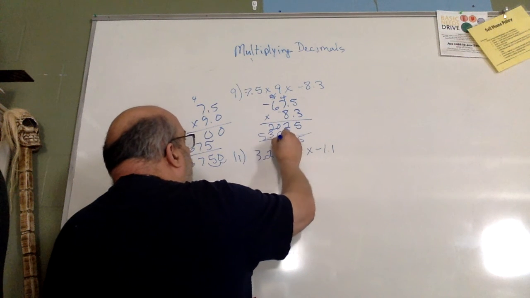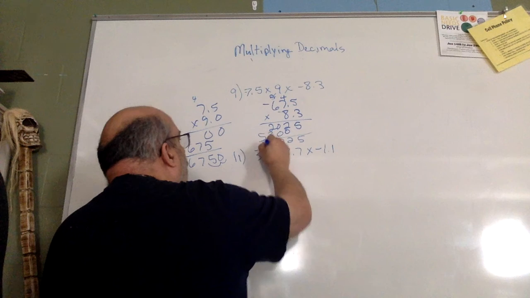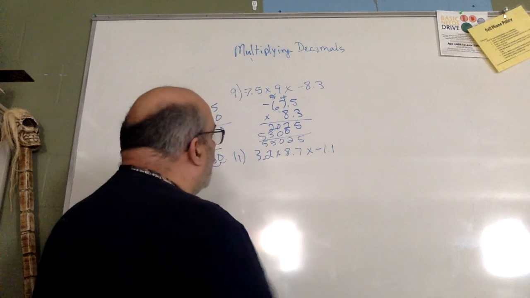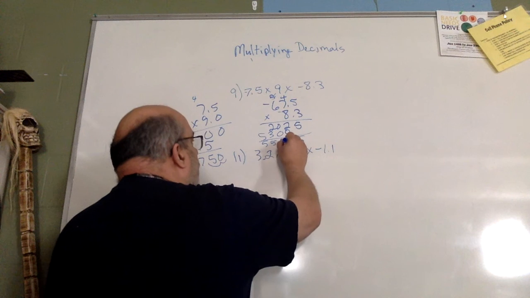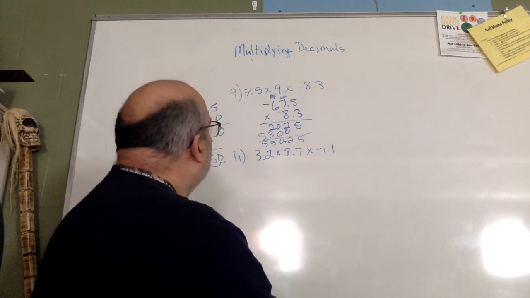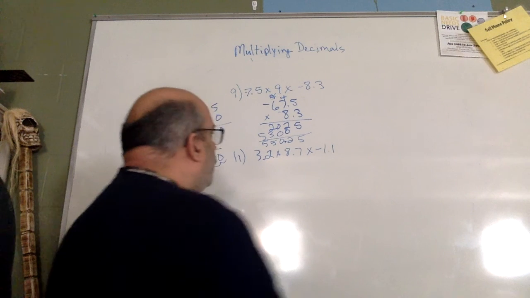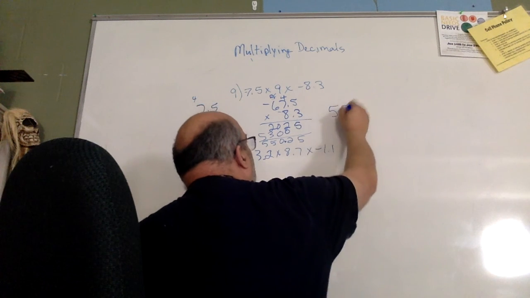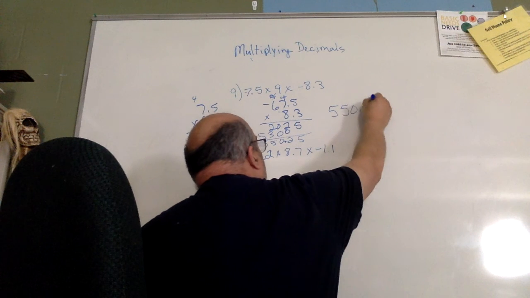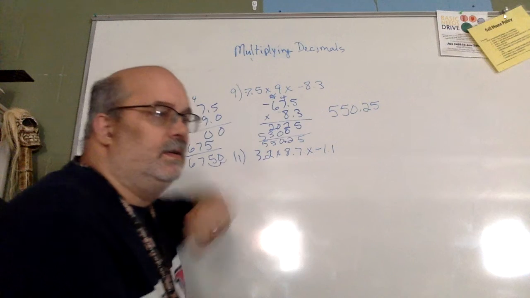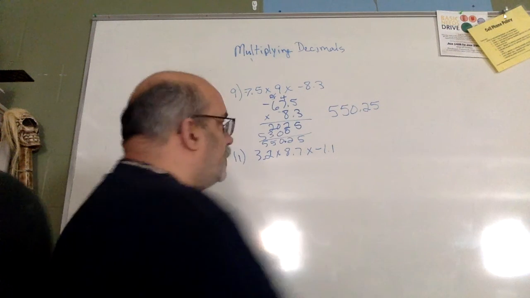Add them up. I got 55,025. I have 2 decimal places. Okay. So I get 550.25. I have 2 negatives. Signs the same. Your answer is positive.